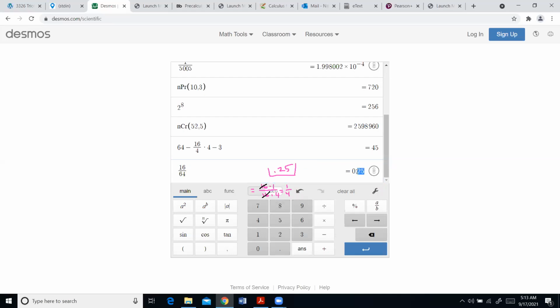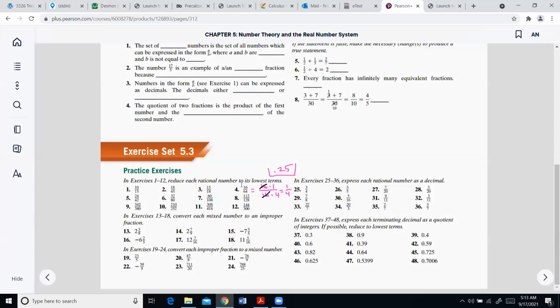So it turns out the result is the same. And that's the reason why you can cancel, because why would you need to keep those big numbers 16 and 64 on the top and the bottom? You can just put 1/4, and that's more compact and looks nicer. So that's why people like to cancel fractions.